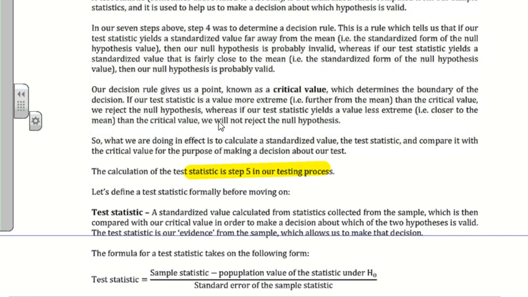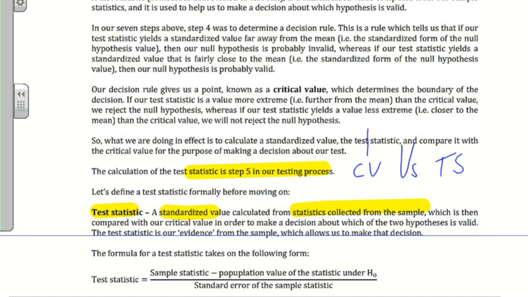The formal value of a test statistic is that it's a standardized value that the researcher needs to calculate from the statistics collected from the sample. And the whole of hypothesis testing, it's this easy, guys. Everyone tends to make a big deal of it, but it's really this easy. It's really a case of just comparing my critical value versus my test statistic. That's it. Okay, we'll do it by example for you.